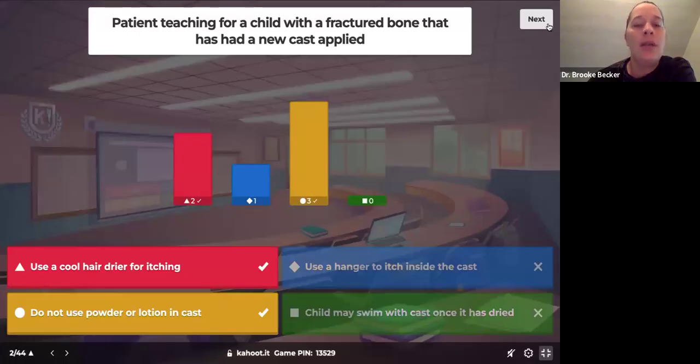Okay, so cool hair dryer. So a hair dryer on the cool setting, you can kind of blow under the cast. That can help with some itching. And then making sure you're not using powder or lotion inside the cast, because that potentially causes skin breakdown.